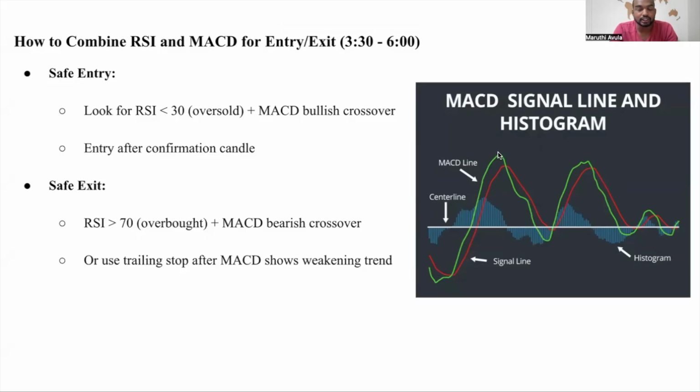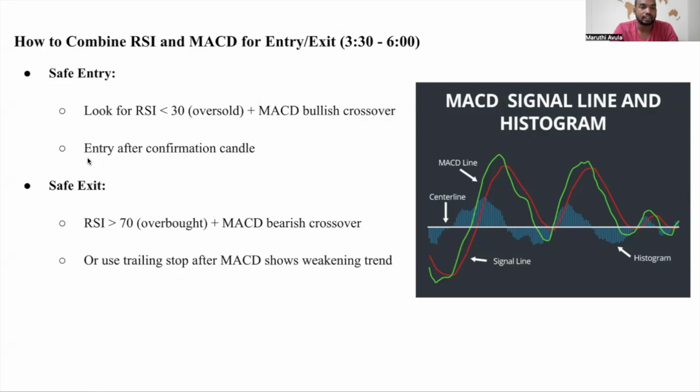Yes, guys, this is the way you can use RSI and MACD to take less risk and make more profit from the market. Follow this safe entry plan and safe exit plan. Look for RSI less than 30, oversold, plus MACD bullish crossover.